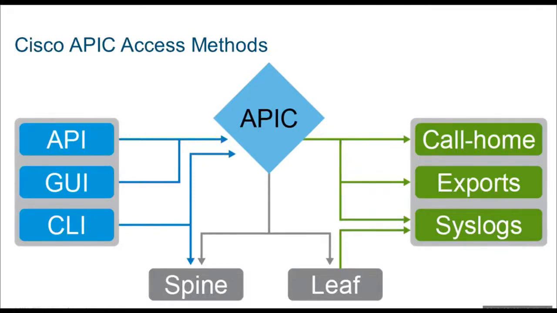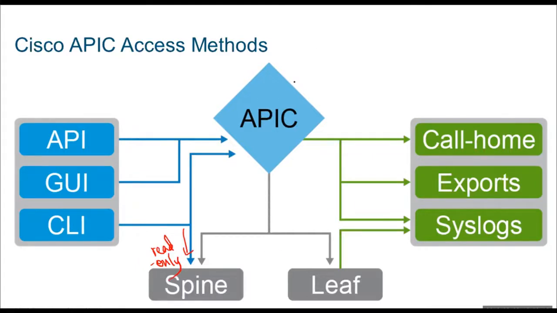So we can use the API, we can use its built-in GUI. Command line, of course, but do not mistake the command line, you cannot configure the switches. So CLI here is read only. The APIC sends the configuration.